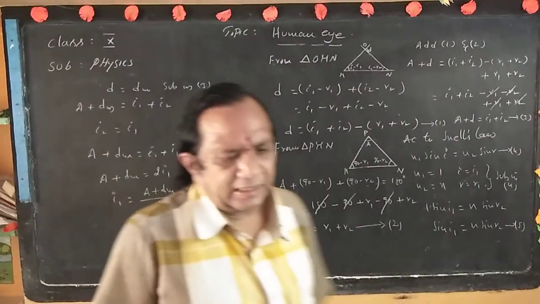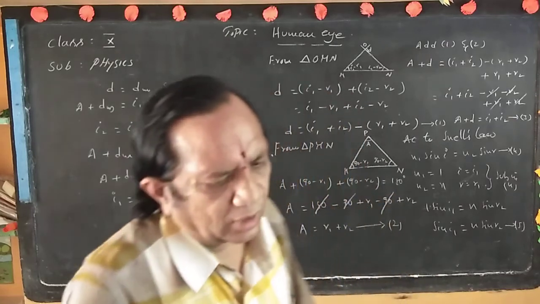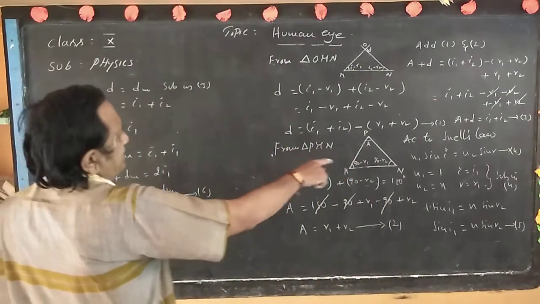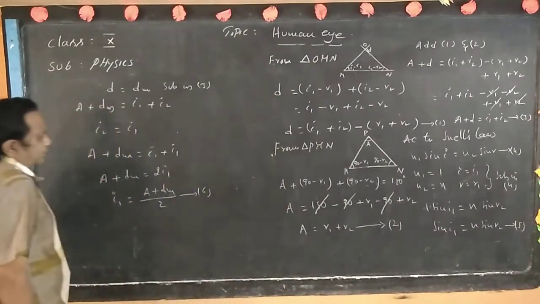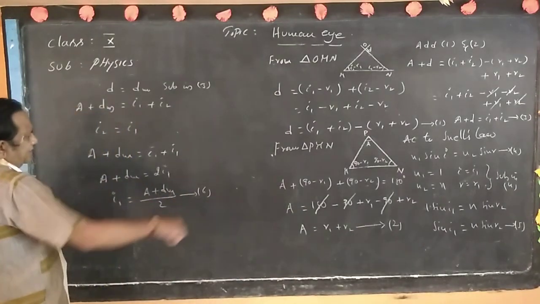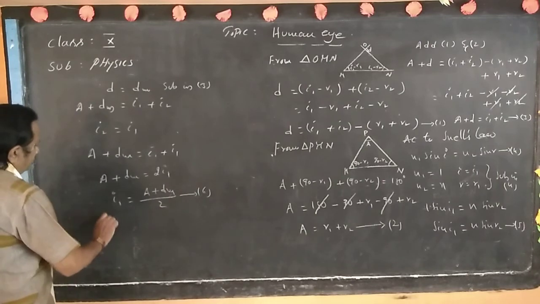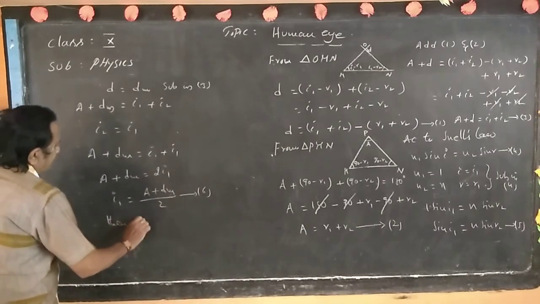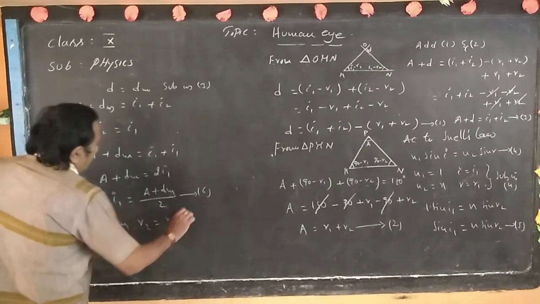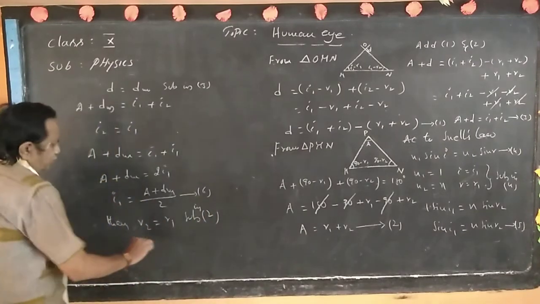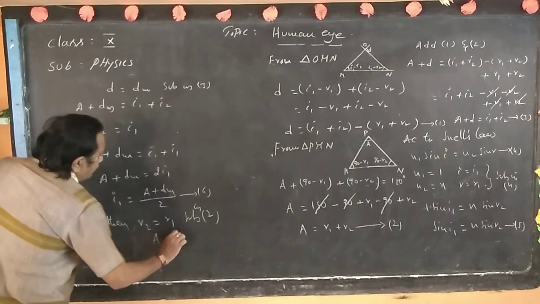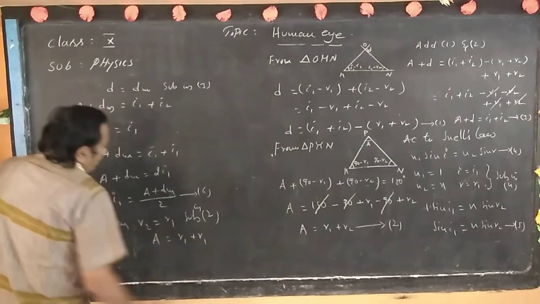Similarly, consider the R value also. What is there in equation 2? A is equal to R1 plus R2. In that also, consider R2 equal to R1 and substitute in equation 2. What do you get? A is equal to R1 plus R1.